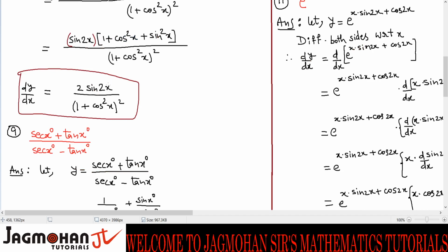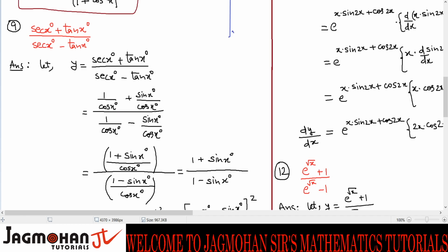The point must be noticed, students, that when you are not given any kind of symbol for the angle, it is understood that it is radian measure. These angles are measured in radian.